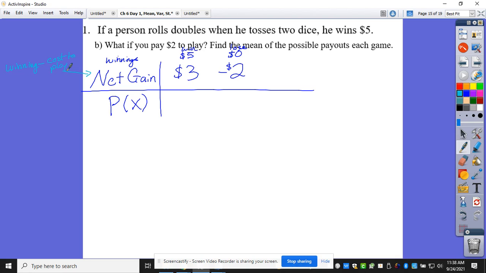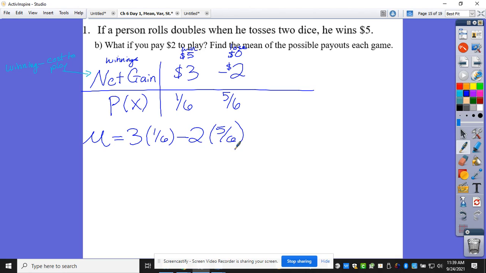Alright, so what was my probability that I win? What's my probability that I lose? So now I'm doing 3 times 1/6 plus a negative, or minus 2 times 5/6.